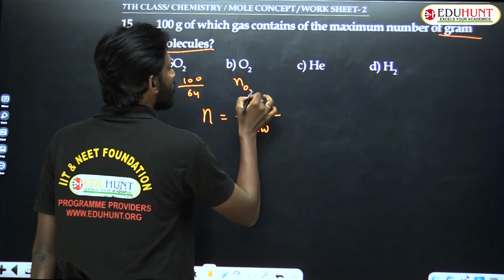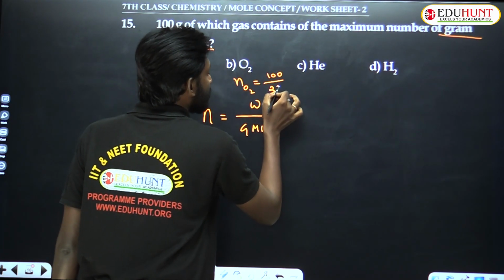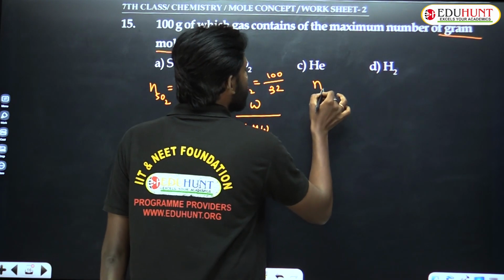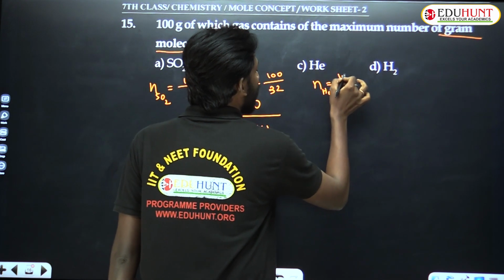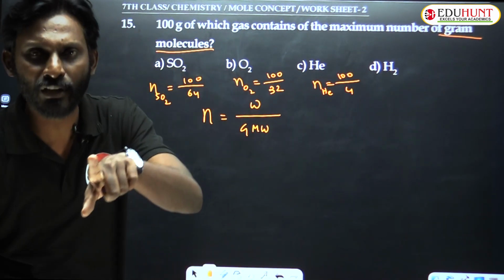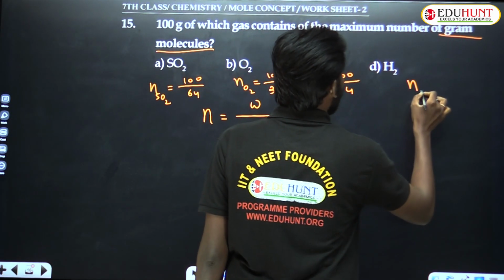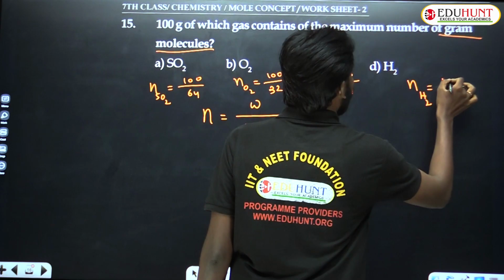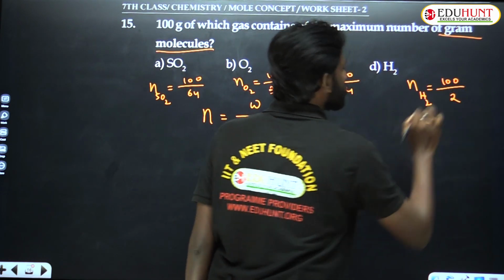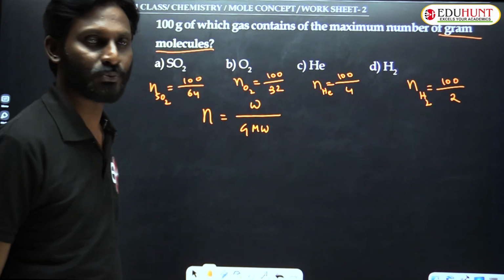Number of moles of O2 is 100 by 32. Number of moles of helium is 100 by gram atomic weight of helium, 4. Number of moles of hydrogen is 100 upon 2. So which one is having larger value? Last one, 100 by 2.